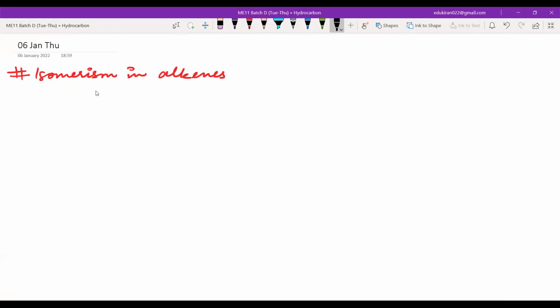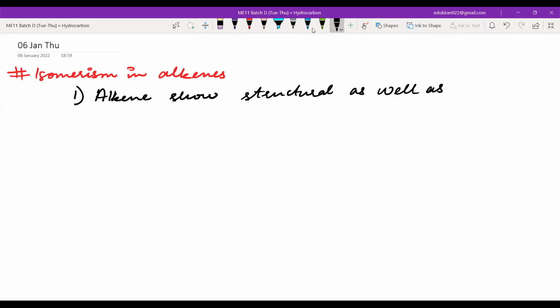First of all, alkenes show structural as well as geometrical isomerism.